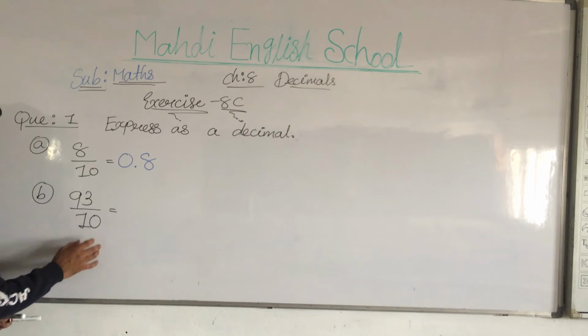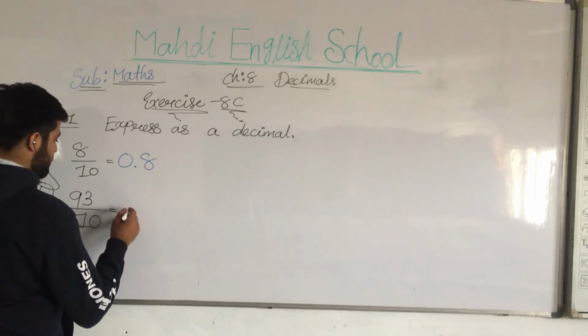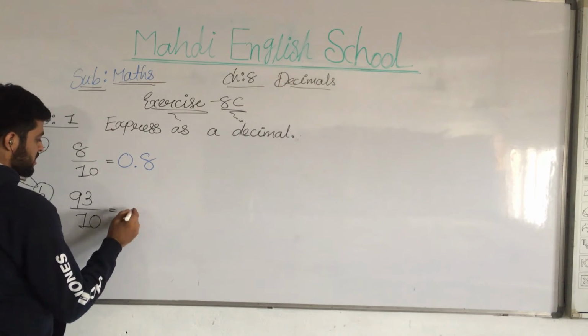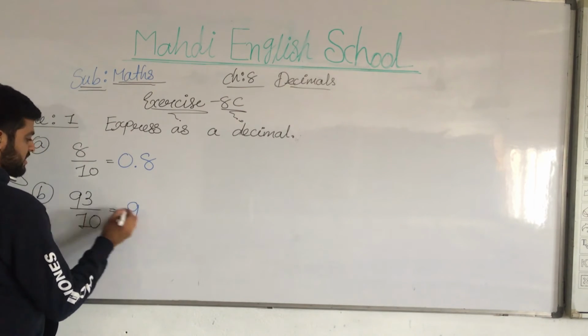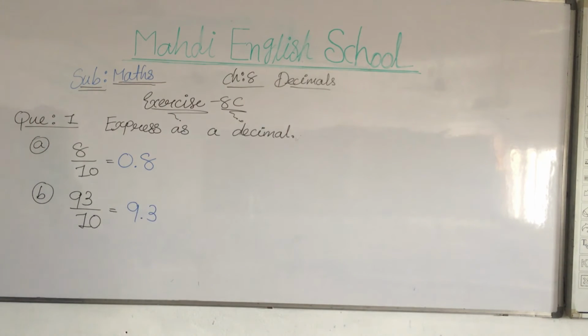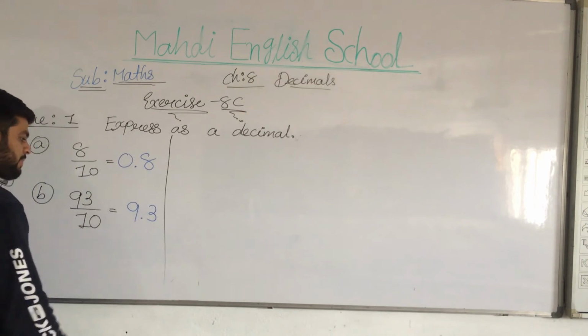So we have to put the decimal point after one digit, counting from the right. After one digit means 9, then the decimal point, and we get 9.3. Understood? As like that we have done questions A and B.